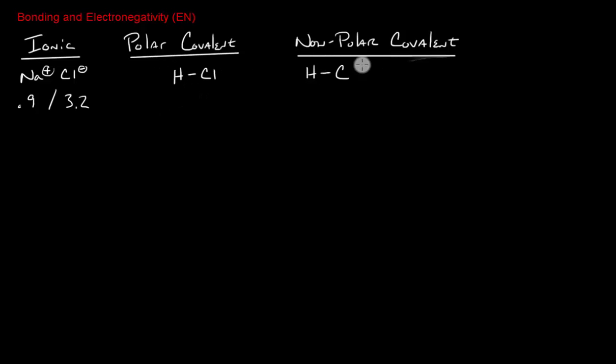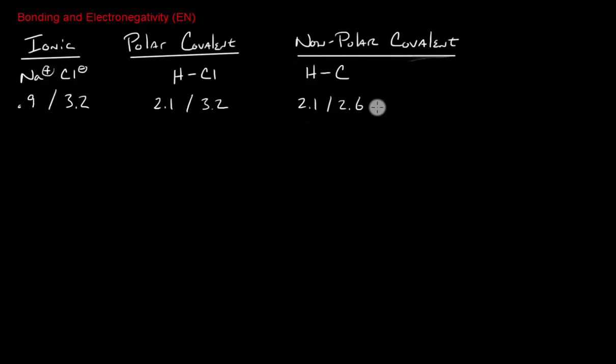Okay, and let's go ahead and throw in some other numbers to see how these polar covalent and nonpolar covalent modes of bonding fall on the Pauling electronegativity scale. What you see is a very big gap between the sodium and the chlorine, which results in something that looks a little bit more ionic. As you close that gap for the polar covalent, this gap is a little bit smaller, and so it's a little bit less ionic, and it looks a little bit more like we're sharing electrons between these two atoms.